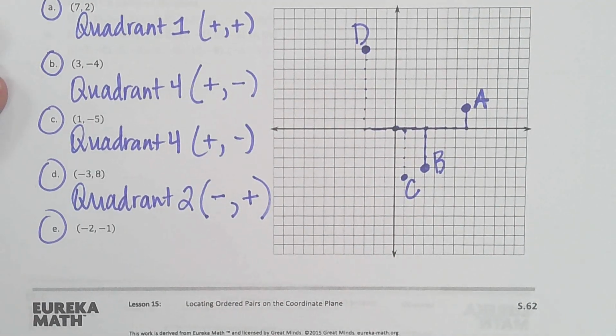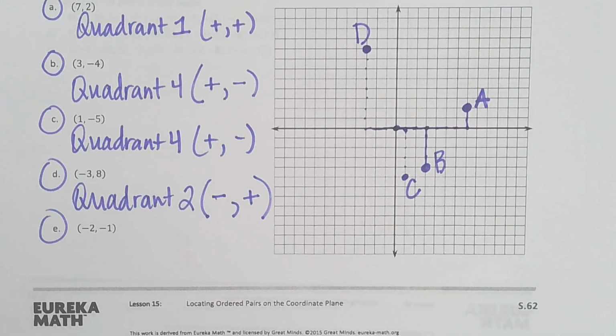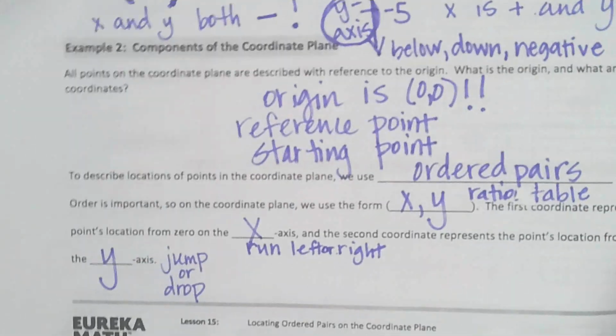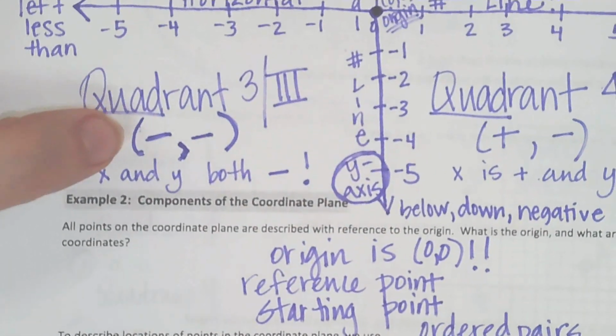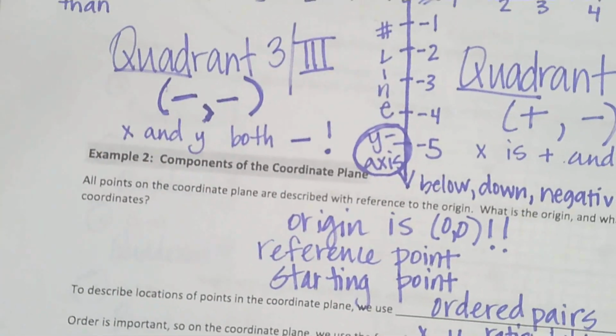Now, you should be able to know, based off of this without plotting, that my X and Y on E are both what kind of numbers? Negative. And we learned from our drawing that if they're both negative, what quadrant is it in? 3.